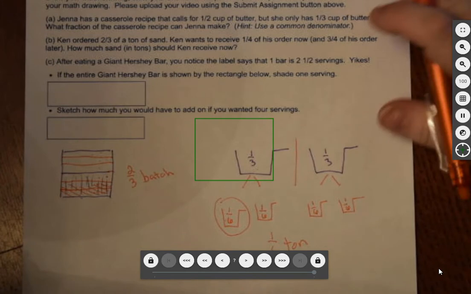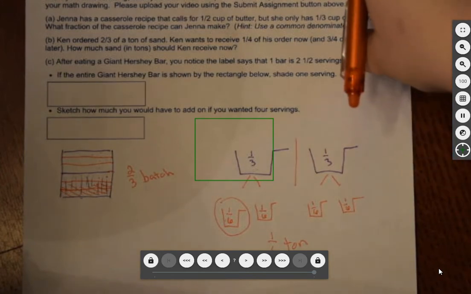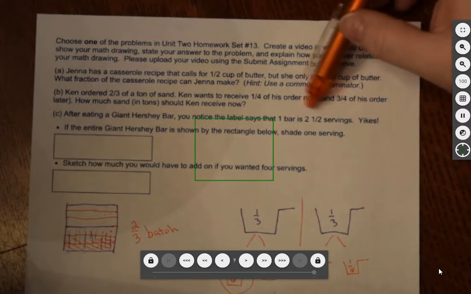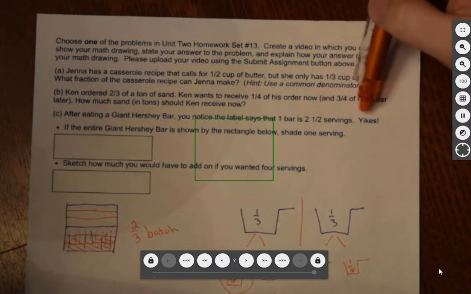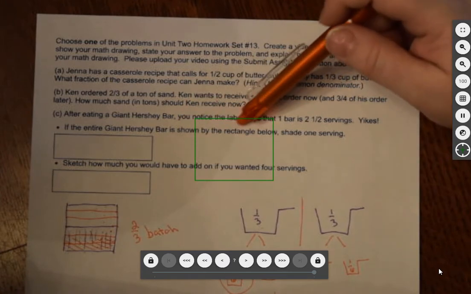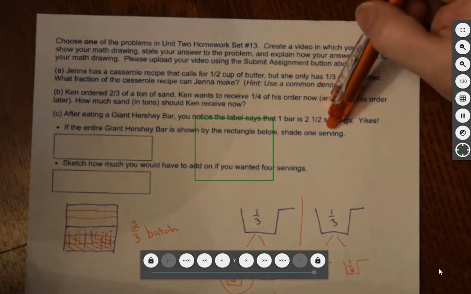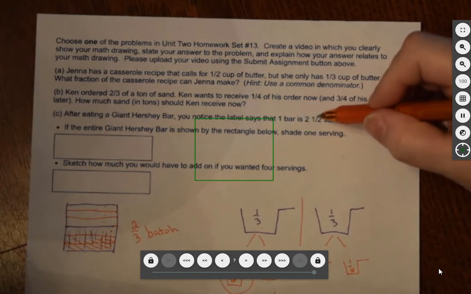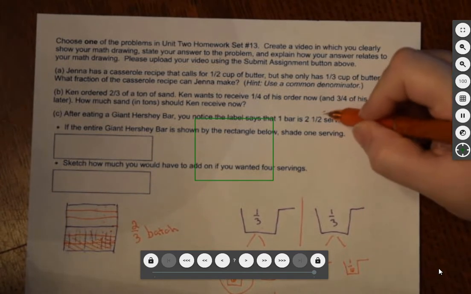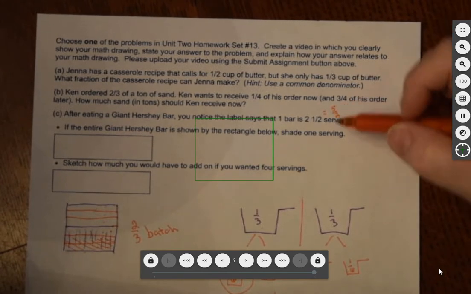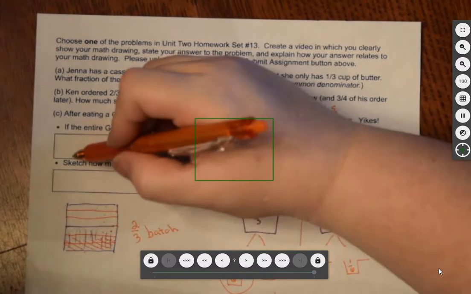Okay, part C. It says, after eating a giant Hershey bar, you notice the label says that 1 bar is 2.5 servings. Yikes. If the giant Hershey bar shown by the rectangle below, shade 1 serving. Well, 2 1/2 servings is the same thing as 5 halves. So we need to divide this into 5 equal pieces.